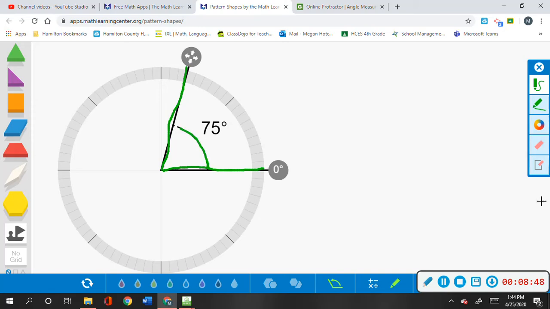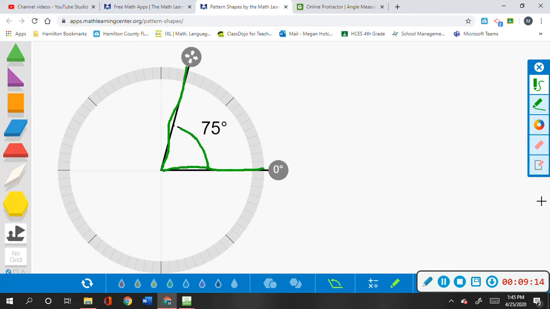Alright, and I'm just going to try and copy that as best I can, and I'm going to use a 90 degree angle to show it. So here's my 90 degree angle. My actual angle looks like it's right about here, and this would be 75 degrees.